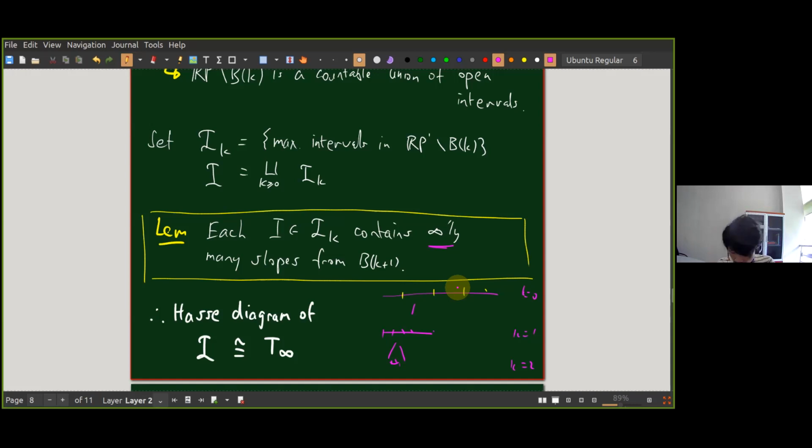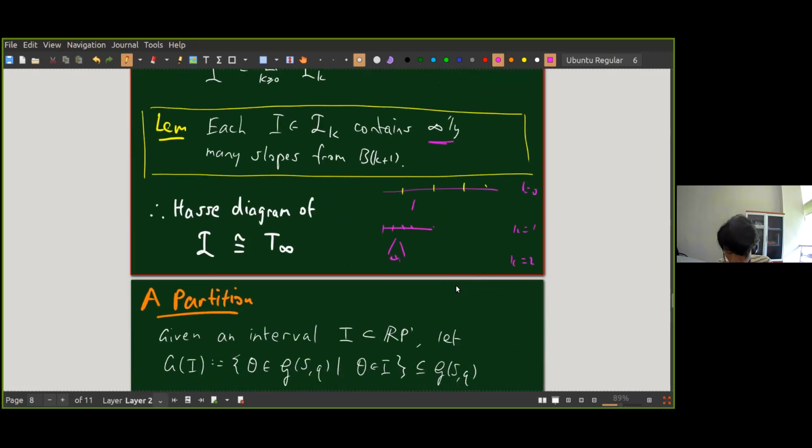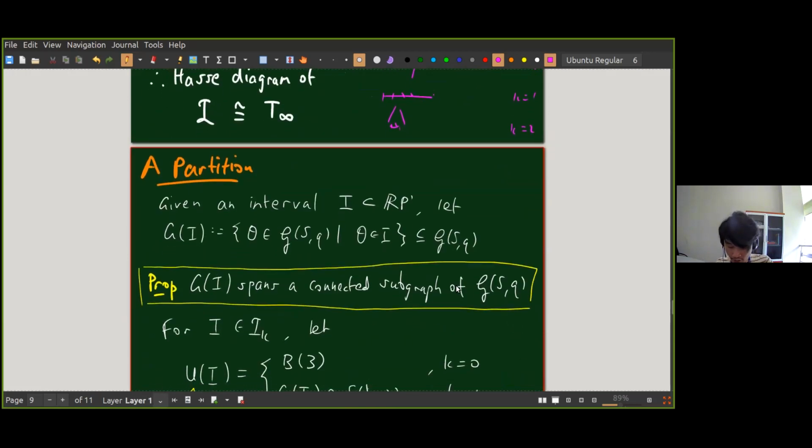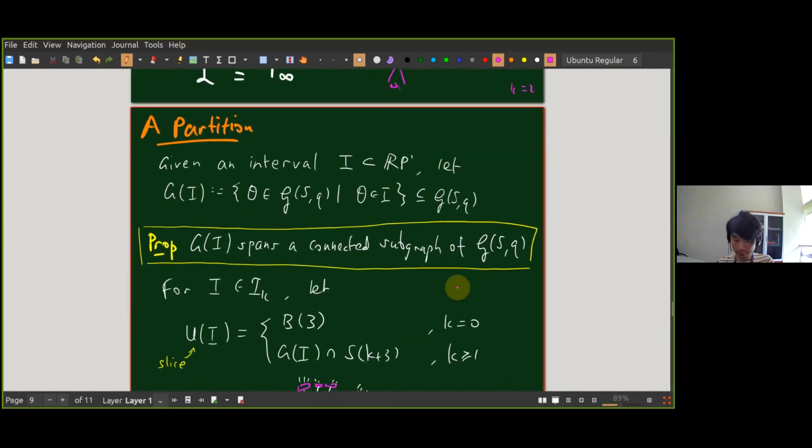So how can we use this tree-like structure, these intervals, to come up with a partition of the graph of slopes? Suppose I give you an interval in RP1. Then I can define a subset of the graph of slopes, which is just all the vertices where the slope lives in that interval. Remember, a slope is both a point in RP1 and also a vertex of this graph.